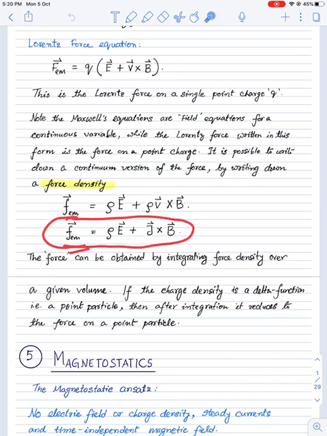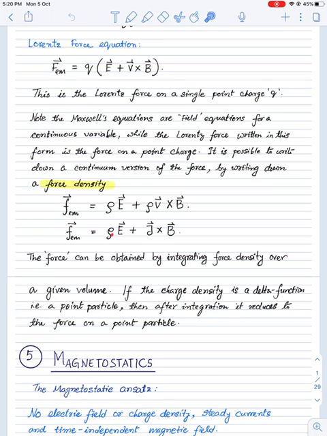So this is like a force field, and we can take this force and integrate it over a given volume. If we integrate it over a given volume, then we can compute the force on an arbitrary charge distribution or current distribution.